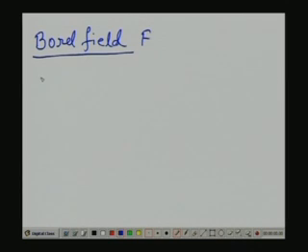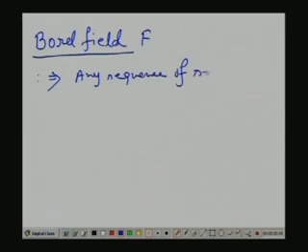Next, we consider what is called Borel field. The Borel field F is such that if you take any sequence of sets, and the sequence consists of infinite elements, each is a set, then not only A1, A2, A3 and other members of the sequence are members of F, but their unions and intersections.